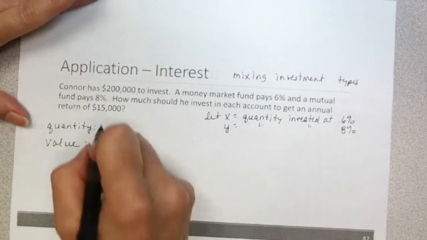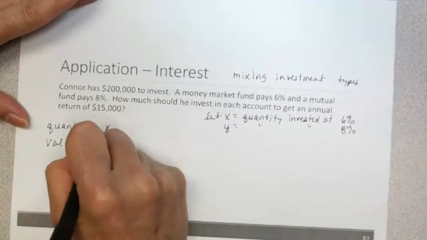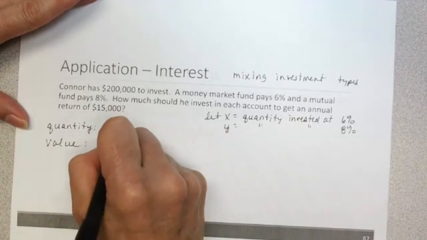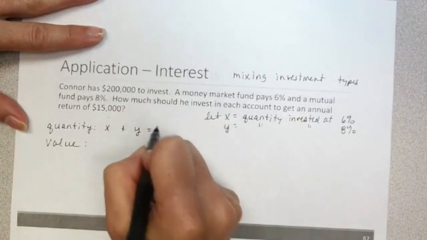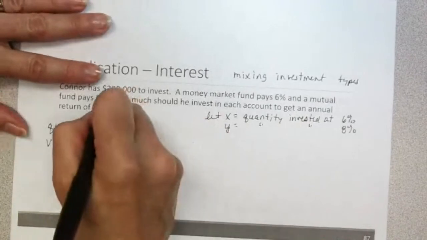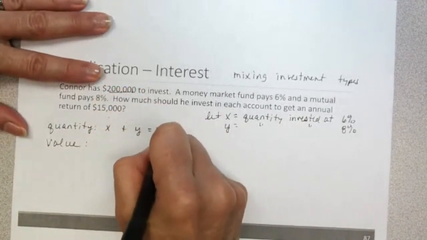So our quantity equation then is X plus Y, the quantity invested at 6% plus the quantity invested at 8%, and that's going to equal that total quantity of money that we can invest. That's the 200,000.